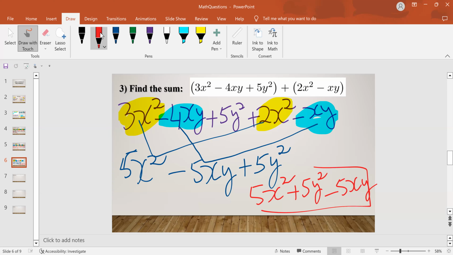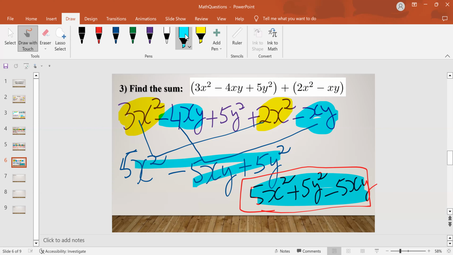Okay, so if it's a multiple choice question, you'll see that they will have the answer in this form. But what we have here is not wrong. It's not wrong. We just arrange it with the highest exponent before the lowest exponent. That's why we have this here.